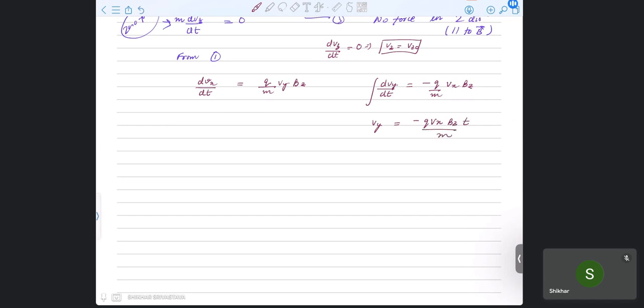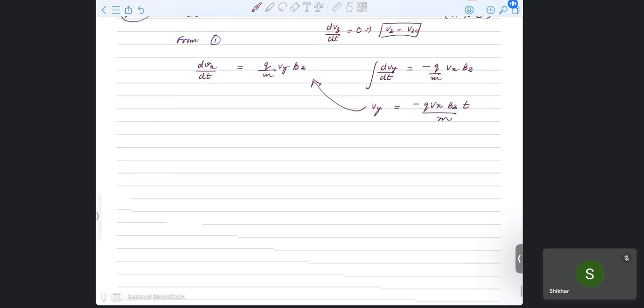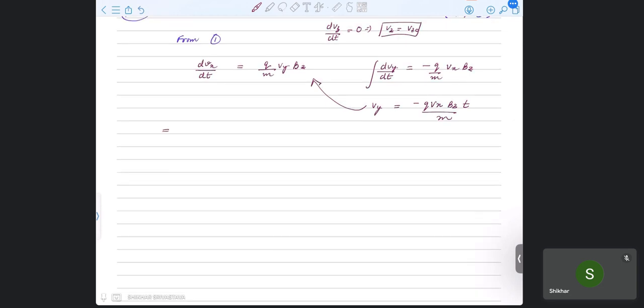Now use this into this equation, so it will become dvx by dt is equal to minus q square by m vx Bz square t upon m square.